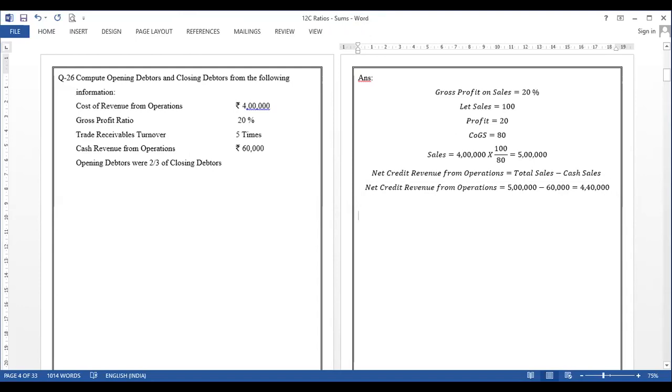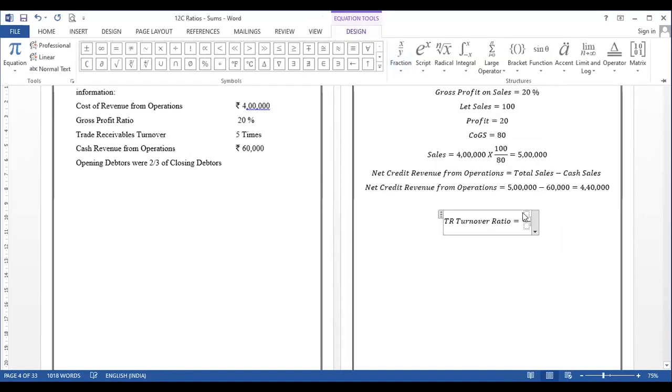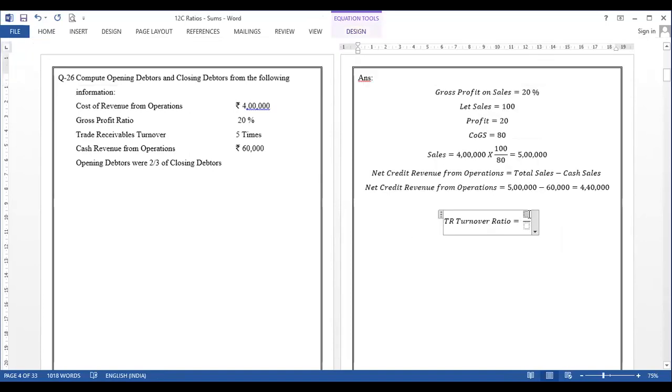After this, for credit sales, again we need to have the average. The trade receivables turnover ratio is given to us, so let us apply the values in that formula. Trade receivables turnover ratio is equal to net credit revenue from operations divided by average trade receivables.